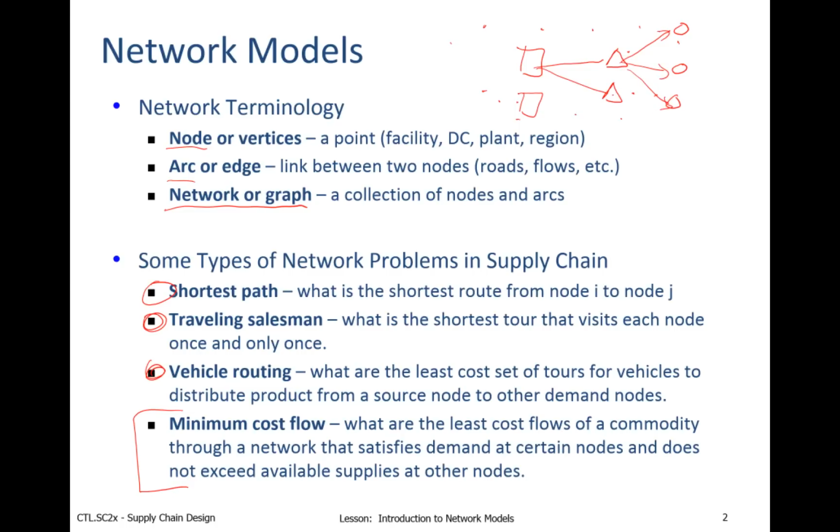This plant can also go here, and this DC could also distribute here. This plant could also go here. You see I have all these different flows. And so I want to figure out the lowest cost solution from my source nodes to my ultimate demand nodes in the least cost manner. We'll talk a lot more about this problem. But as you get into this deeper, you'll see they all are very much related and they're all tied to networks.